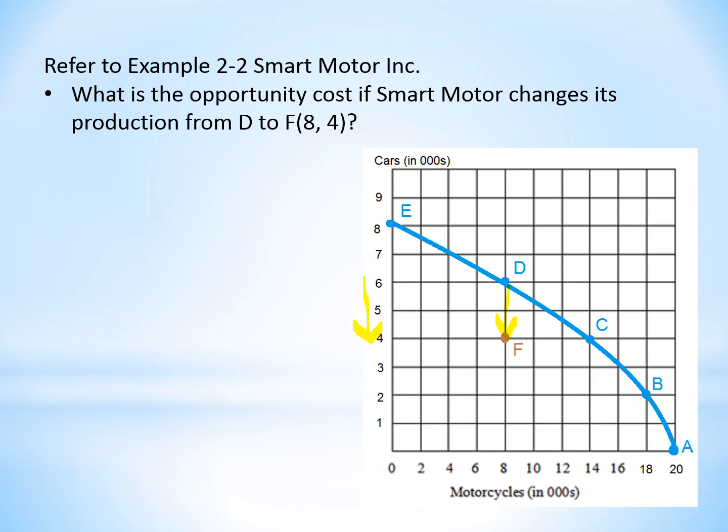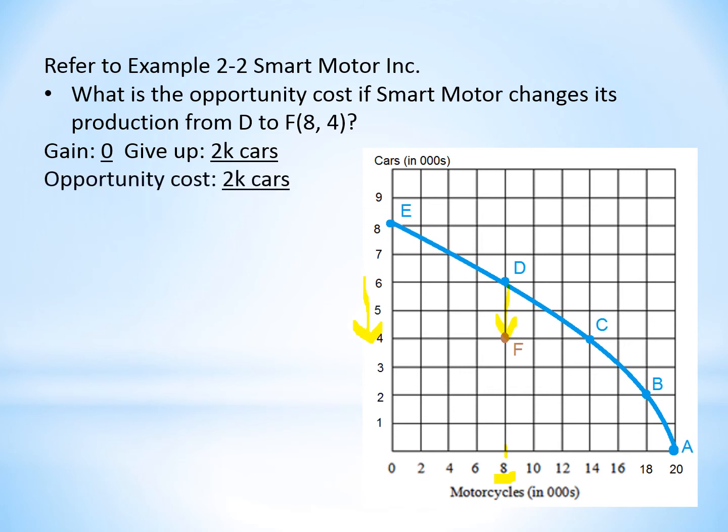So we lost 2,000 cars. That must be the opportunity cost. What do we gain? We gain nothing. We produce exactly the same amount of motorcycles. So gain 0, give up 2,000 cars. The opportunity cost is 2,000 cars.